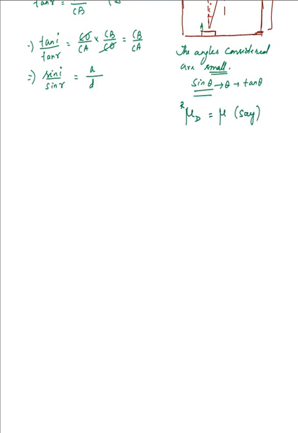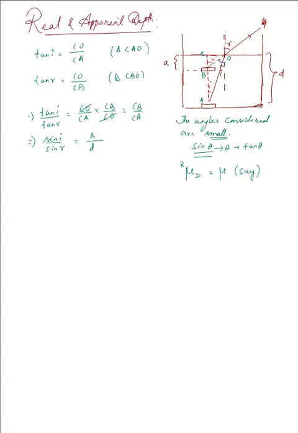Now, because the mediums have been taken the other way around, that is the light moving from the denser to the rarer, which is usually the other way around in the derivations that we have considered so far, what we get is actually the refractive index of the rarer with respect to the denser, which is equal to 1 over mu, or 1 over the denser with respect to the rarer, which we have taken as mu over here.